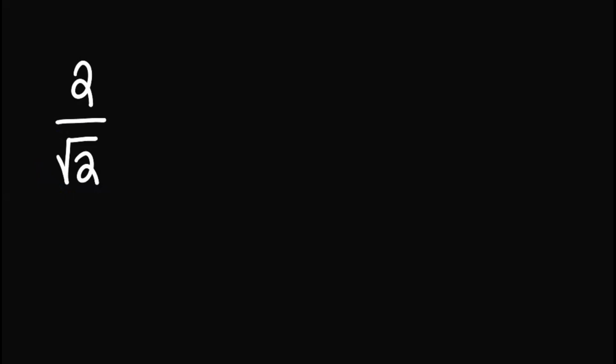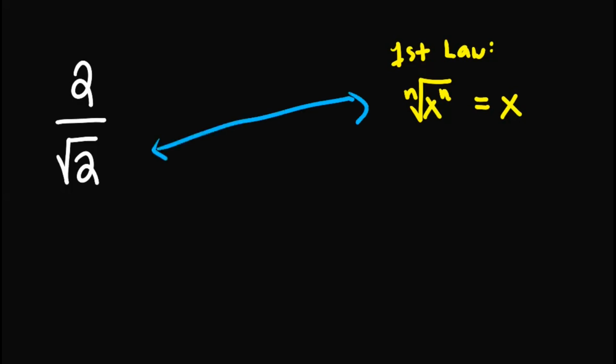Well, recall that by the first law of radicals, we know that the nth root of x raised to n is equal to x. So how can we make this the case for the denominator? What should we multiply?